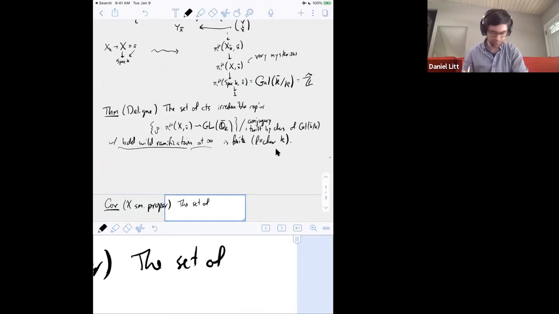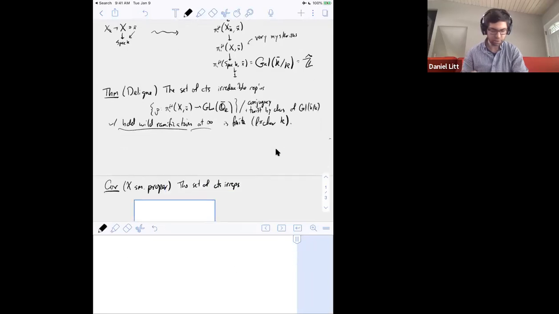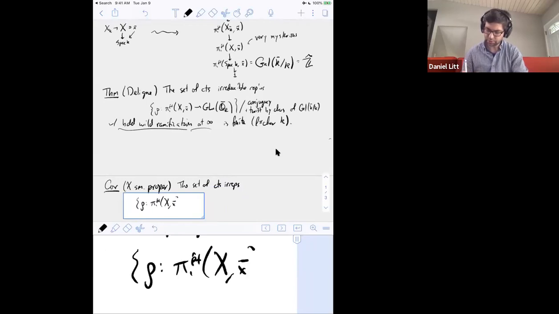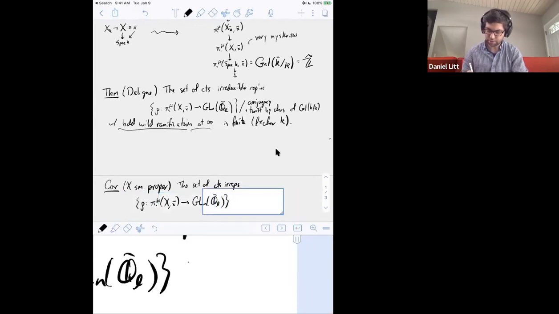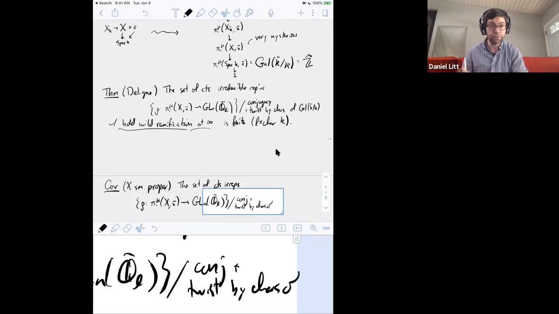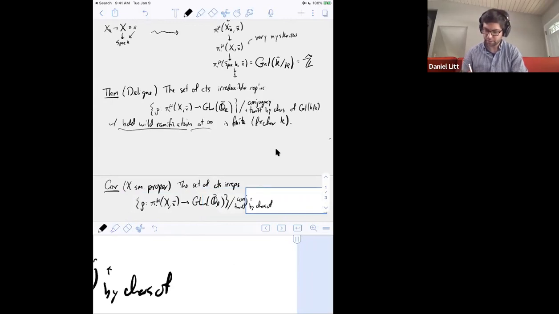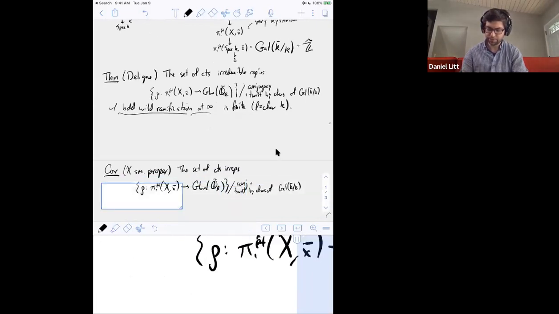So it says the set of continuous irreps rho from pi1 étale of x to GL_n Q_l bar, mod conjugacy and twist by characters of the absolute Galois group of the ground field, is just finite.